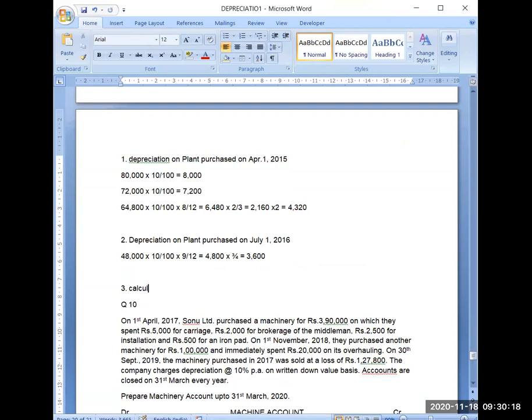Calculation of profit or loss on sale of plant on 1st December 2017.